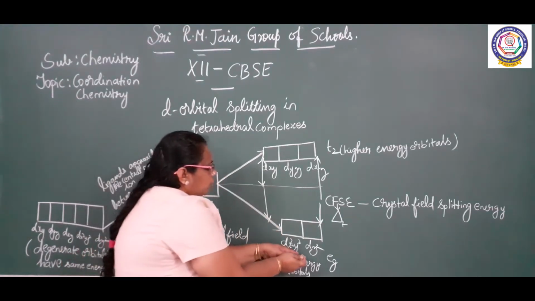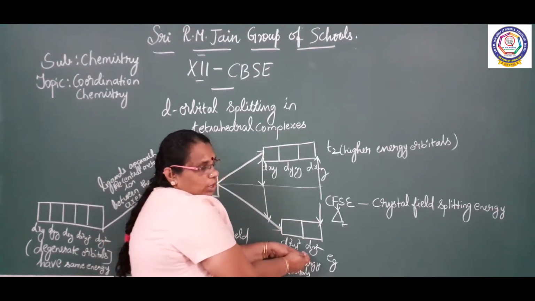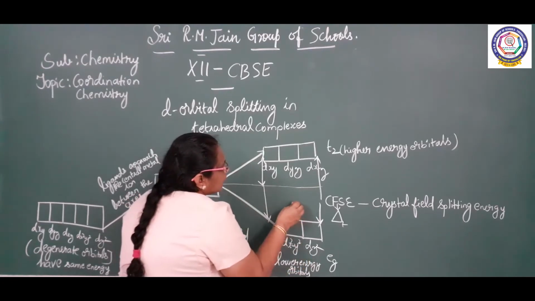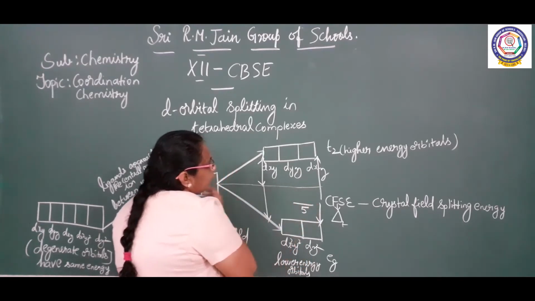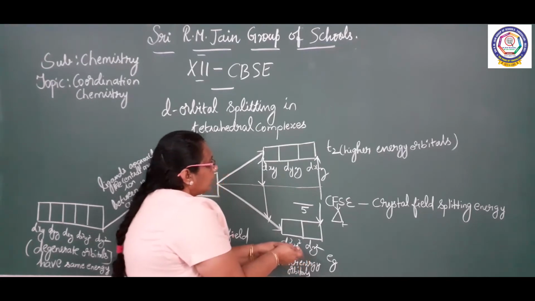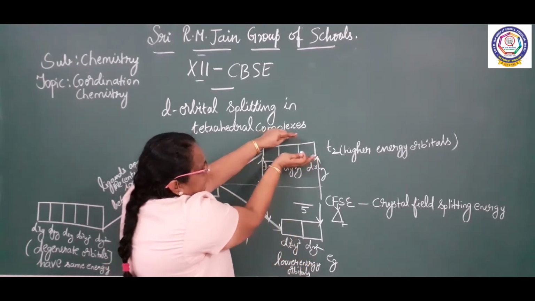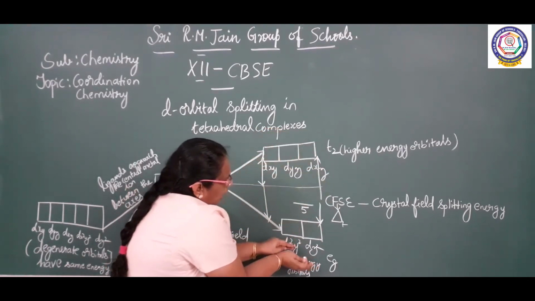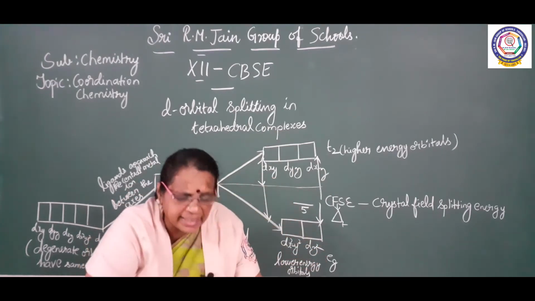When you take these two orbitals, what is the total number of orbitals? 5. So with respect to these three orbitals, these two orbitals are lower in energy.